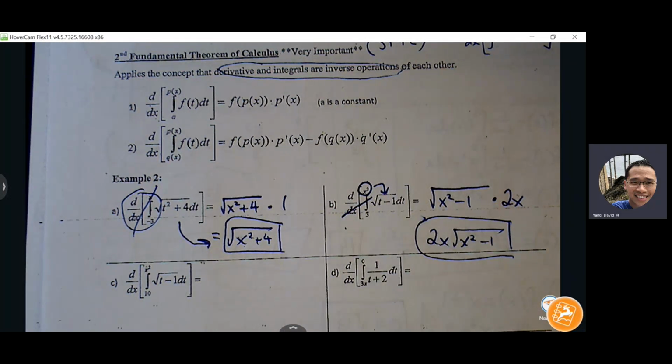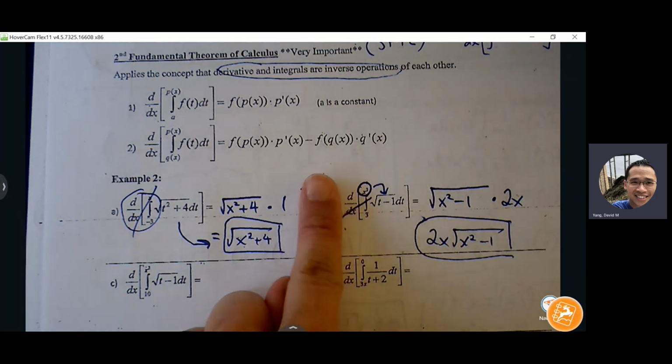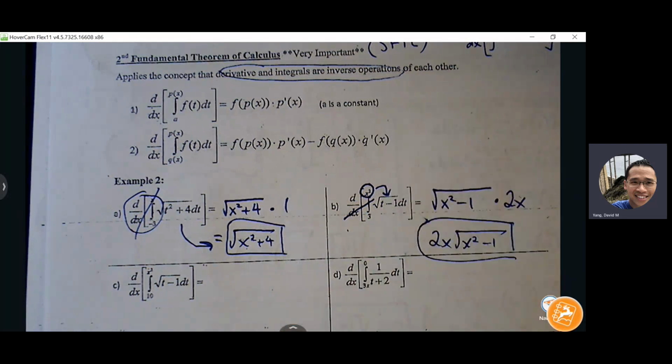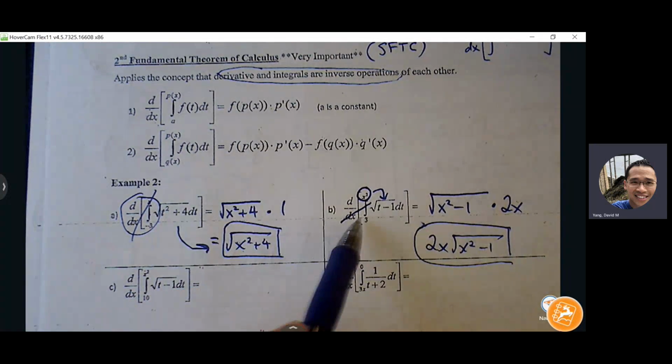But there's a what in front of this? There's a derivative. And what's the derivative of a constant? It's going to be what? It's 0. So this integral process will produce a number, but then that derivative is going to wipe whatever constant is left to be 0. So if we're going through this process, if we see any constants, we can ignore them because they're just going to disappear down the road.